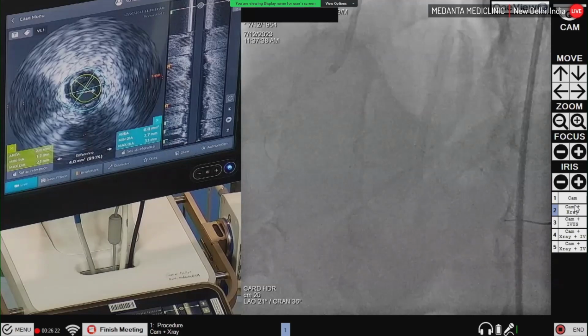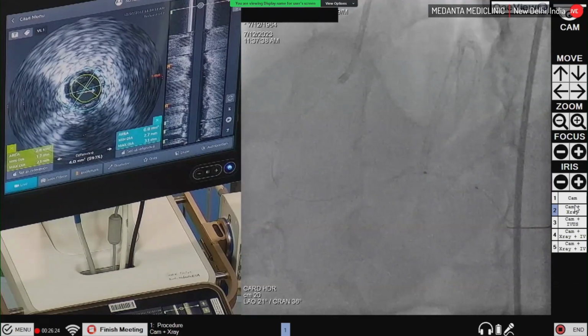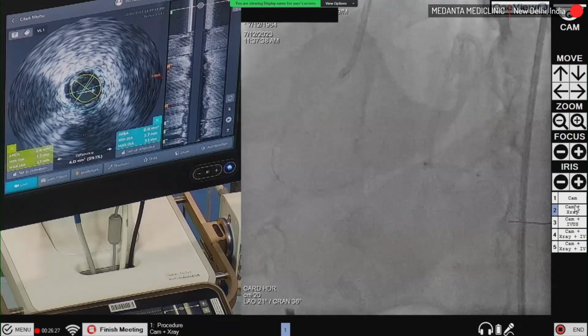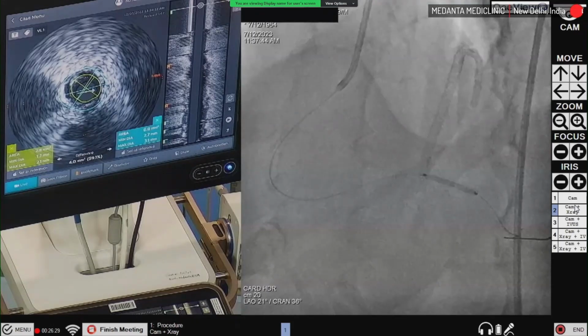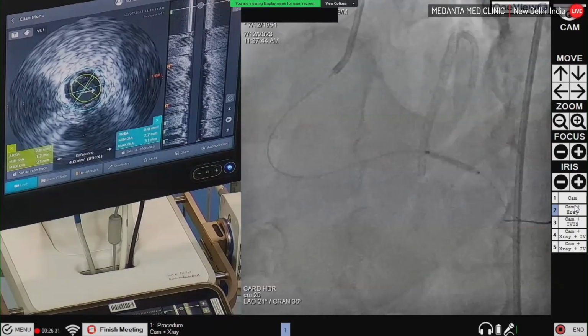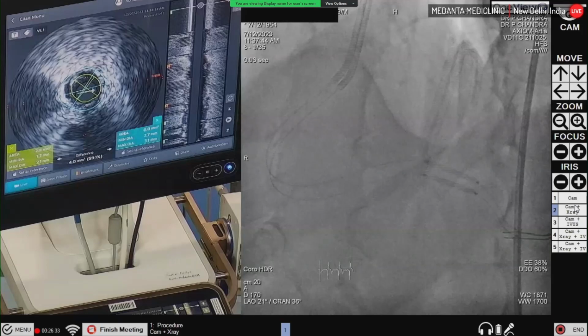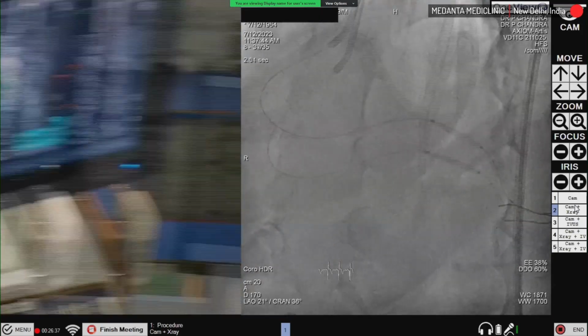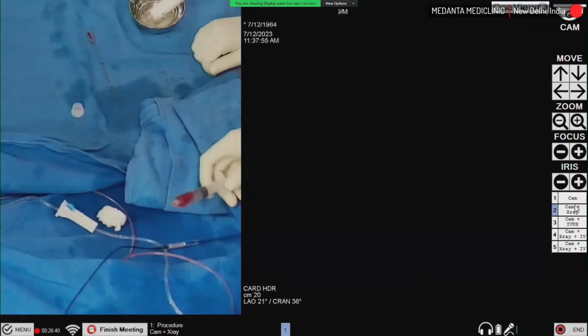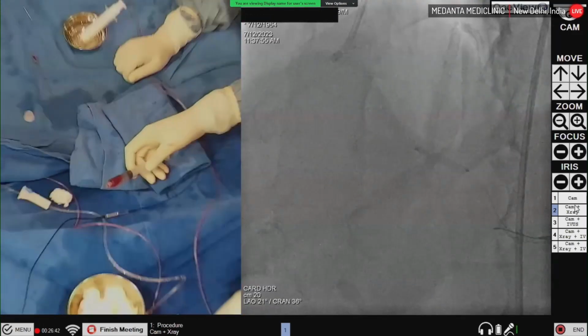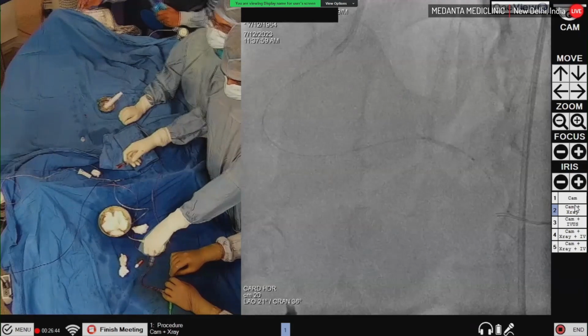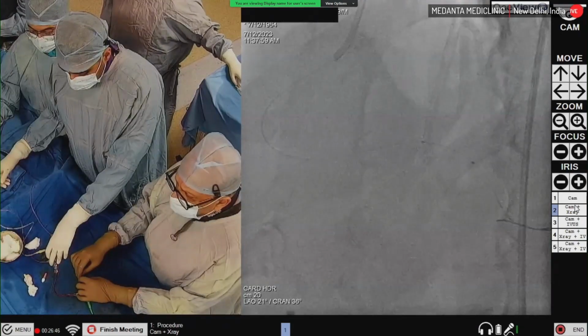Okay, go up, please. 1, 2, 3, 4, 5, 6, 7, 8, 9, 10. So this is 10 atmospheres with this Wolverine, and we'll keep it for about 10 seconds. Pressure, please. Show the pressure always. Okay, deflate.